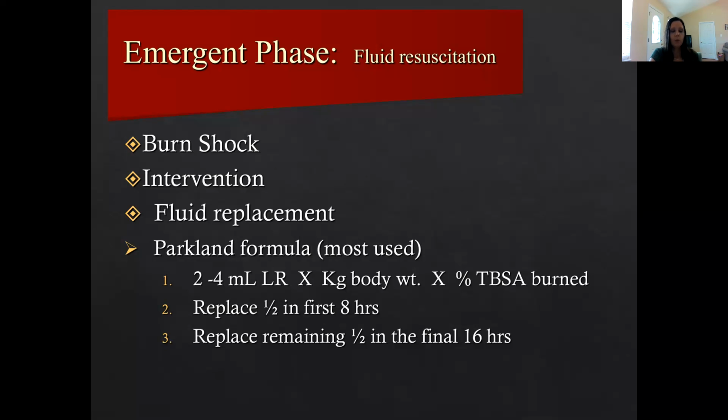So when we're talking about fluid replacement and burn injury, it's 8 hours from the initial injury time, not the time that they arrived to the facility, the time the actual injury happened. So we have to take into account the time from when the injury happened to them coming to the facility and catch up from there.